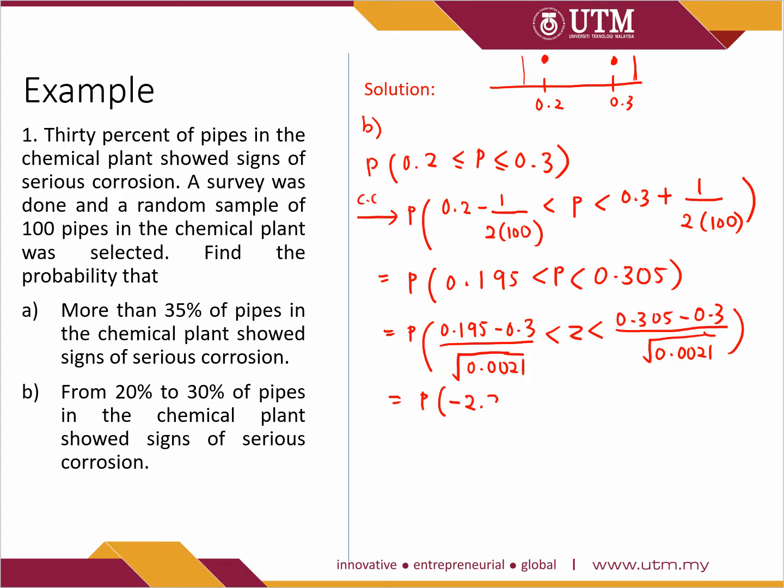So you get negative 2.29 and 0.11. So the area would be between this. Using the table, your answer should be 0.5328.